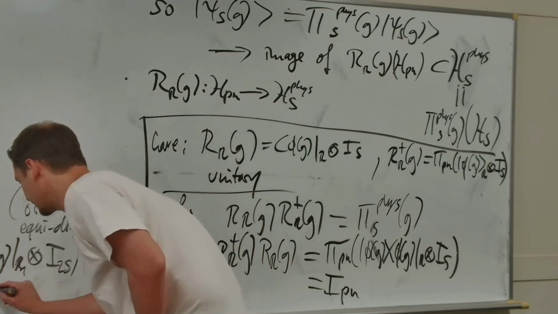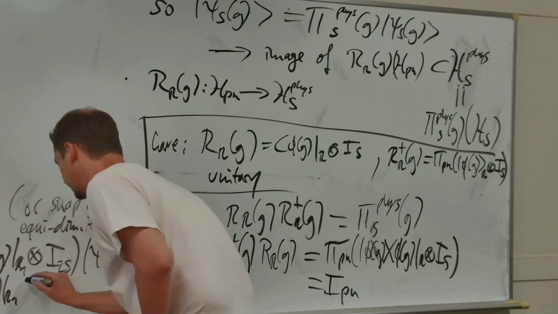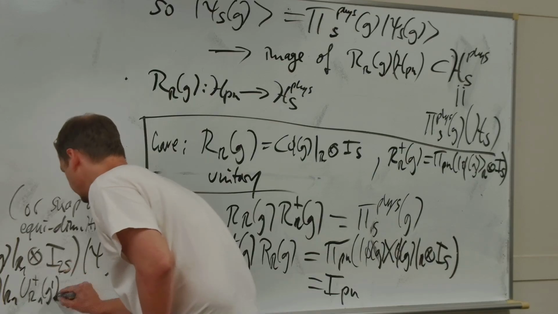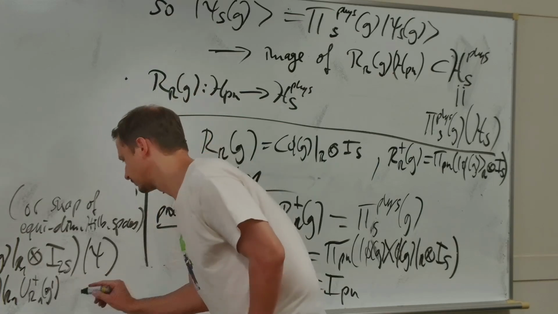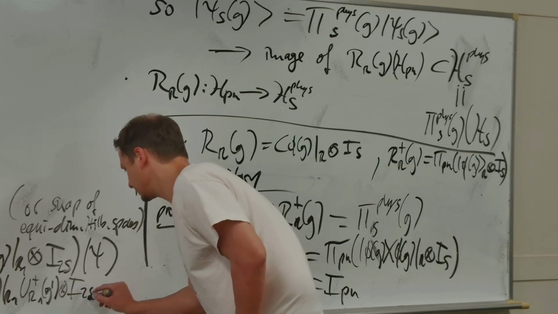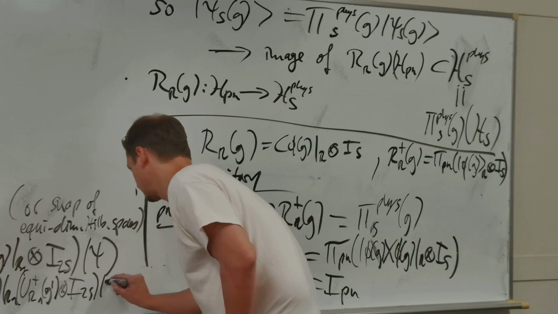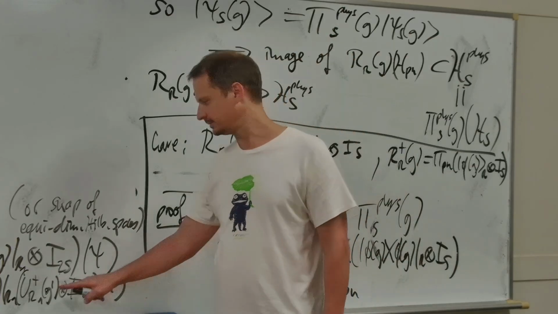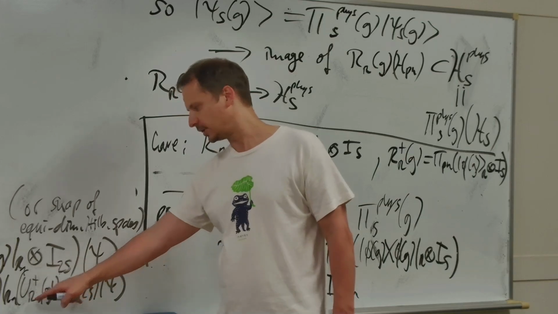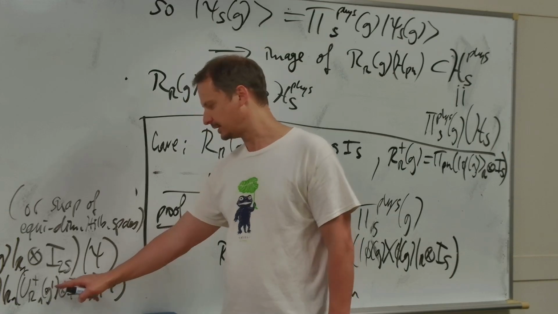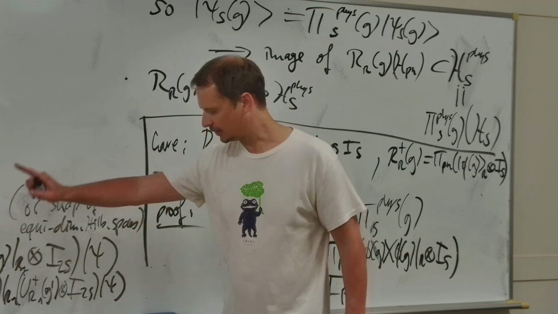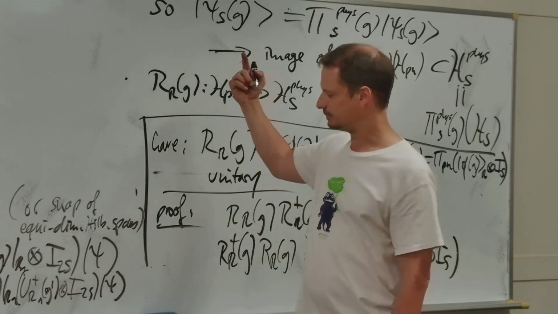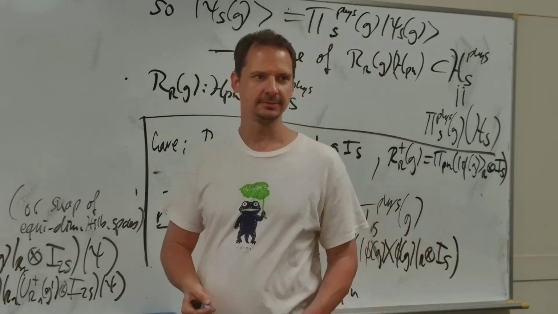So this here I can write as phi of G R1, and then U R1 dagger of G prime, and then I2s, and then psi. But now I can again make use of the invariance of this psi. So this here is just UR1 G prime inverse, and I hit this guy with it, and then I bounce off a UR2 of G prime and times the US of G prime.